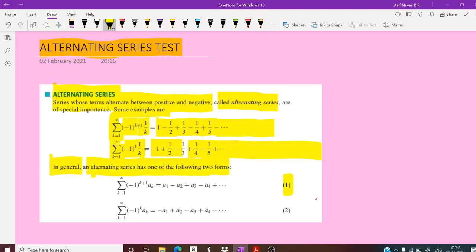The first form is the sum from k equals 1 to infinity of (-1)^(k+1) a_k, which is equal to a1 - a2 + a3 - a4 + etc. And the second form is the sum from k equals 1 to infinity of (-1)^k a_k, which is equal to -a1 + a2 - a3 + a4 - etc.